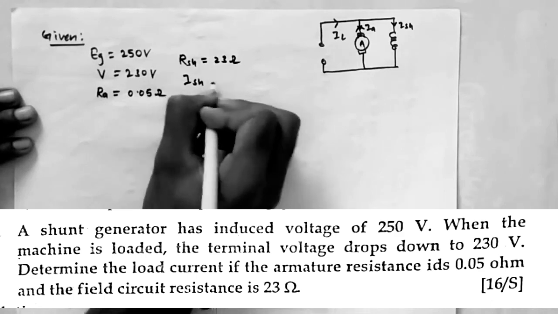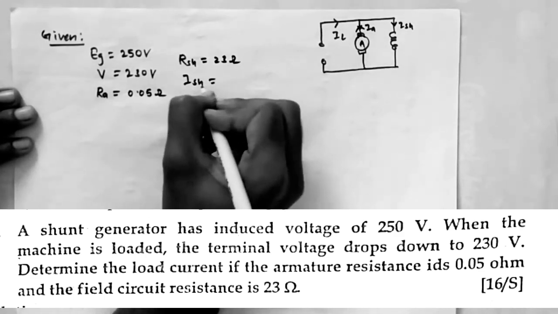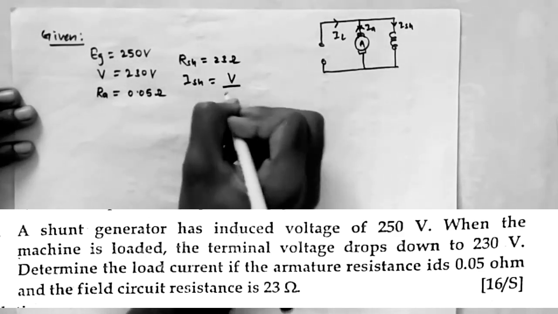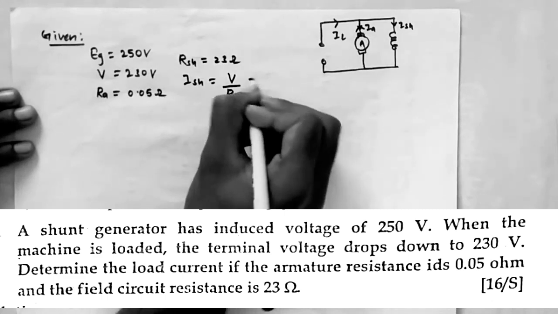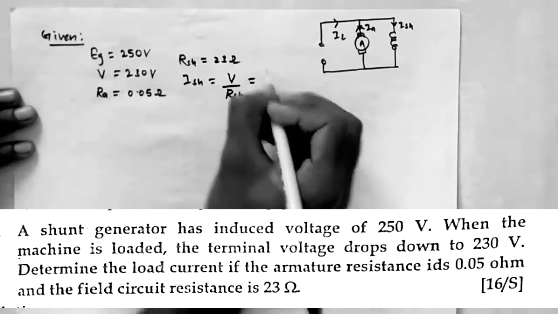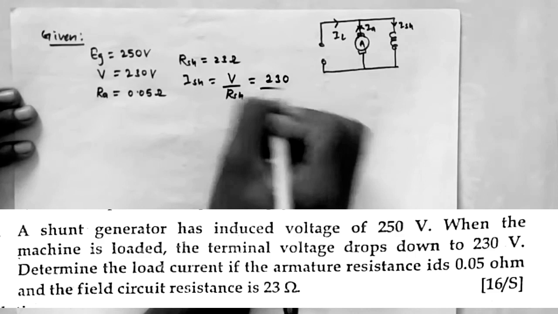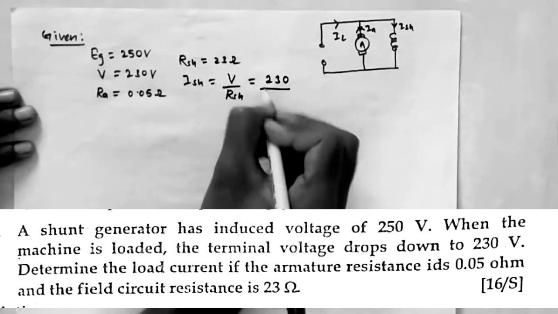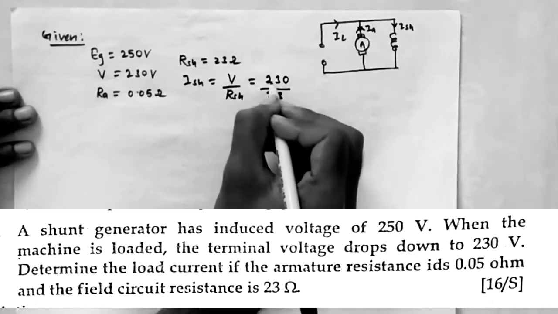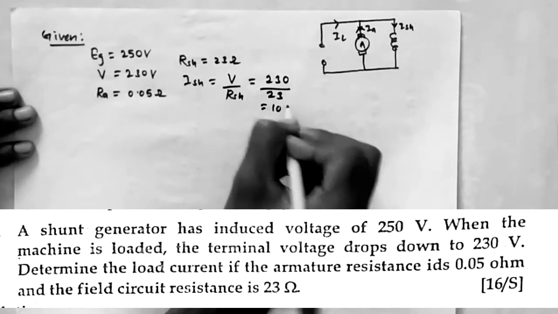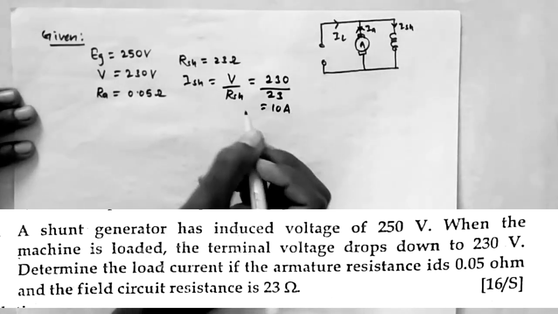If we calculate Ish, it is given by V upon Rsh, and in place of V we have 230, and Rsh we have 23, so 230 upon 23 will give us 10 ampere.